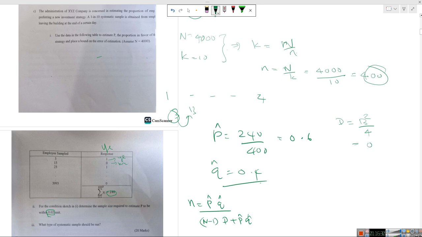So this is 0.02 squared divided by 4. So it gives me the answer as 1 into 10 power minus 4, right? So if I substitute these values in the equation, 0.6 into 0.4 divided by, I'm sorry, this N is the population size, that is 4000 minus 1 into 1 into 10 power minus 4, plus 0.6 into 0.4.